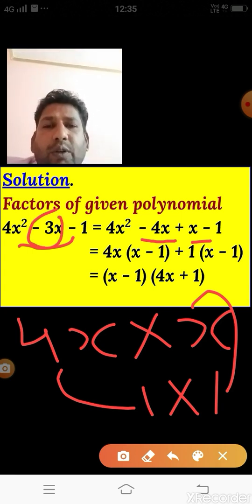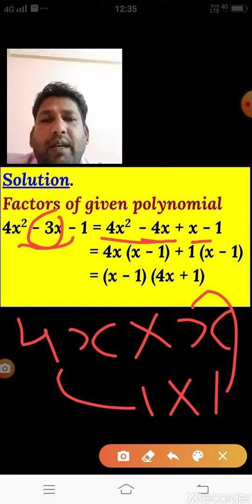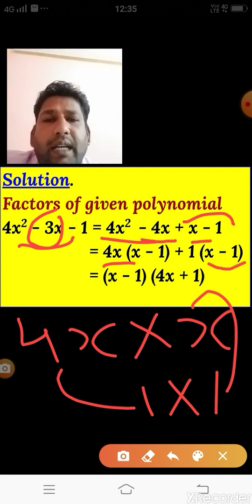And then we know we have to take the common factor from the first two terms. If you observe, 4x is common here, and on taking 4x common from the first two terms, we get x minus 1, the remaining portion. And from the last two terms, 1 is common, and we get 1 into x minus 1. Then from these two terms, x minus 1 is common here.